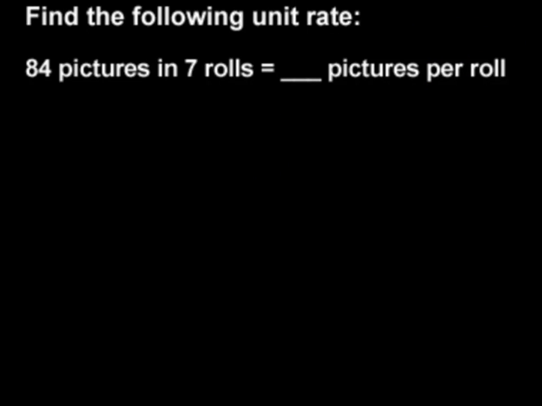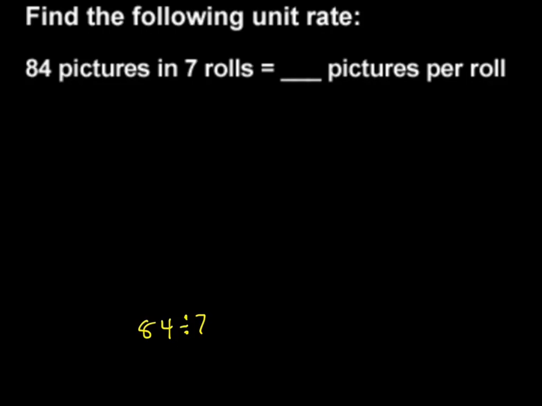Alright. So find the following unit rate. If you have 84 pictures in 7 rolls, how many pictures per roll? I know it seems like a pain because some of you can probably realize pretty quickly that 84 divided by 7 will give us our answer.